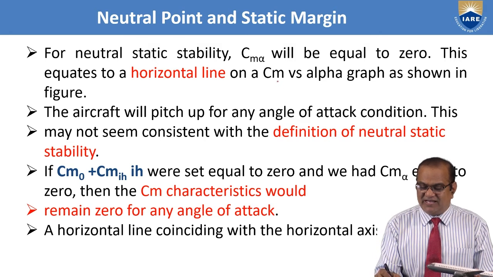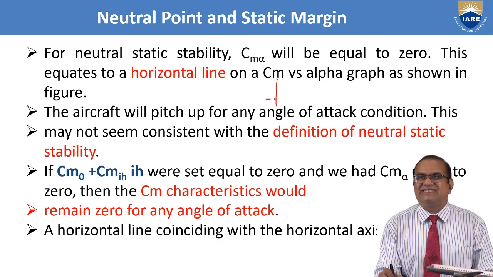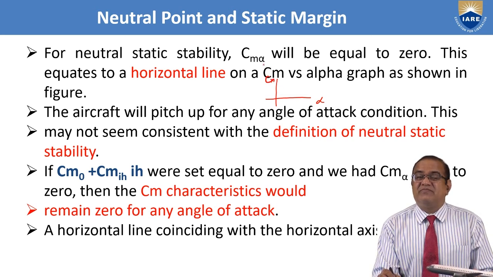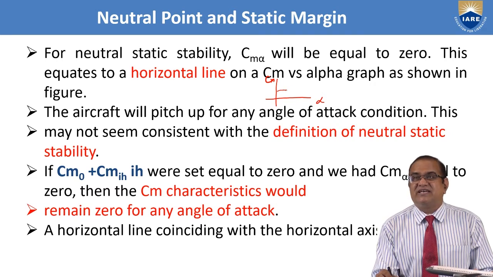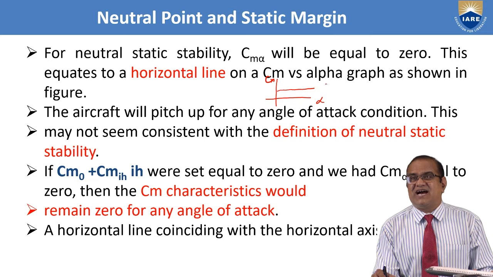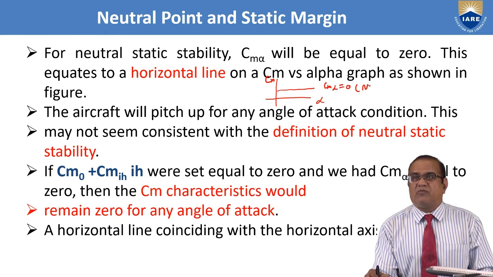I am writing a small plot here. You can see here, this is the alpha and this is the Cm. If dCm by d alpha is 0, it means it is a constant. There is no slope. This is called Cm alpha equal to 0, no slope of this curve.